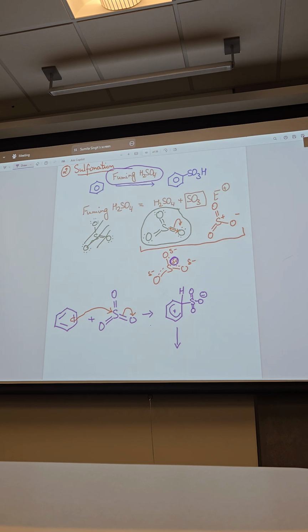They always exist with water. Hydrochloric acid is not an acid unless it's in water. Sulfuric acid is not an acid unless it's in water. Same thing goes with phosphoric acid, nitric acid. I'm not talking about organic, not carboxylic acids. I'm talking about inorganic acids.